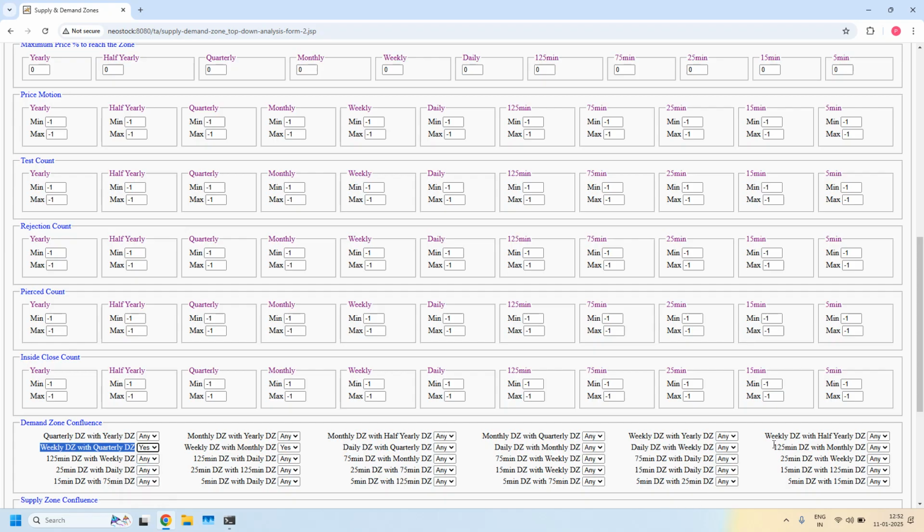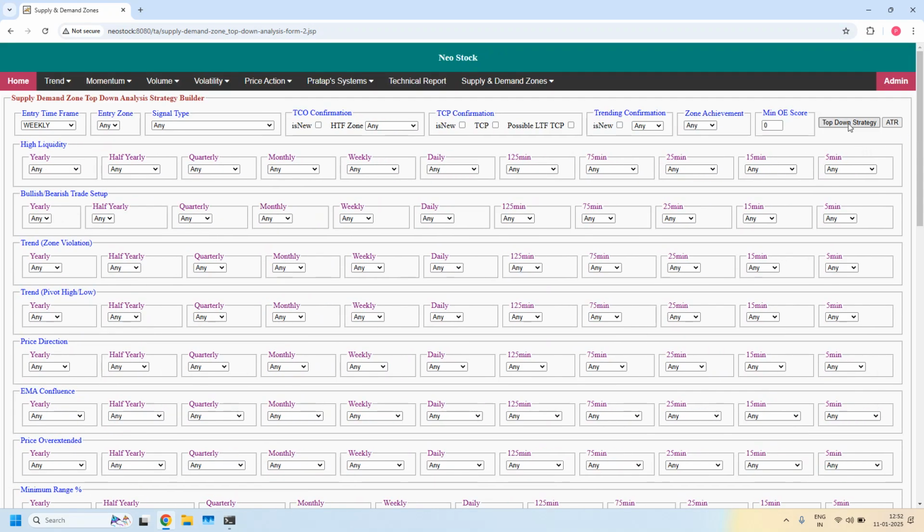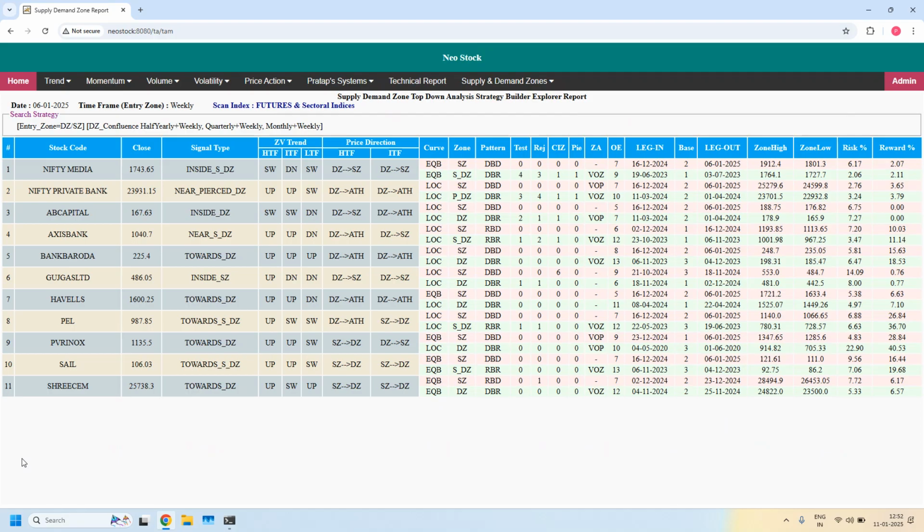And weekly demand zone with half yearly demand zone confluence filter also I am enabling. With all the three filters, LTF, ITF, HTF confluence, we got 11 stocks. In these 11 stocks, the weekly zone is part of the monthly zone, both together again part of the quarterly zone. So such kind of combination we got 11 stocks.